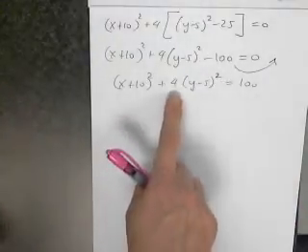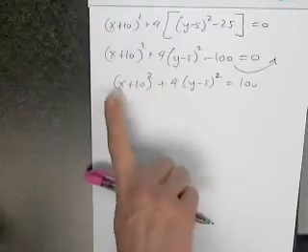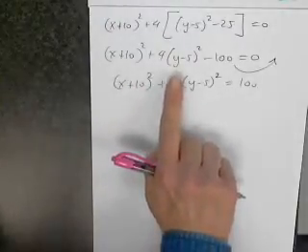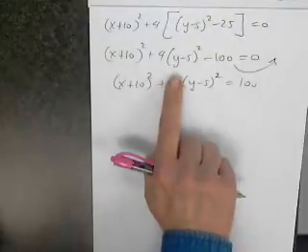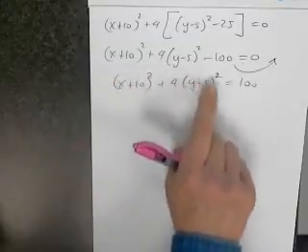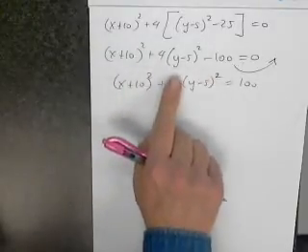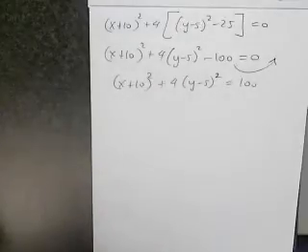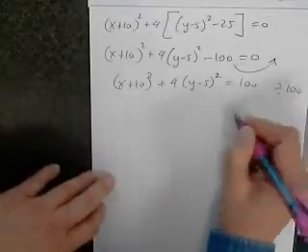Something that has a number outside other than 1 cannot be a circle. It could have been a circle without this number in front. But if it has a number in front, either in front of x squared or y squared, or both, it can never be a circle. What do I have to do then at this step? Divide by 100. I have no choice.